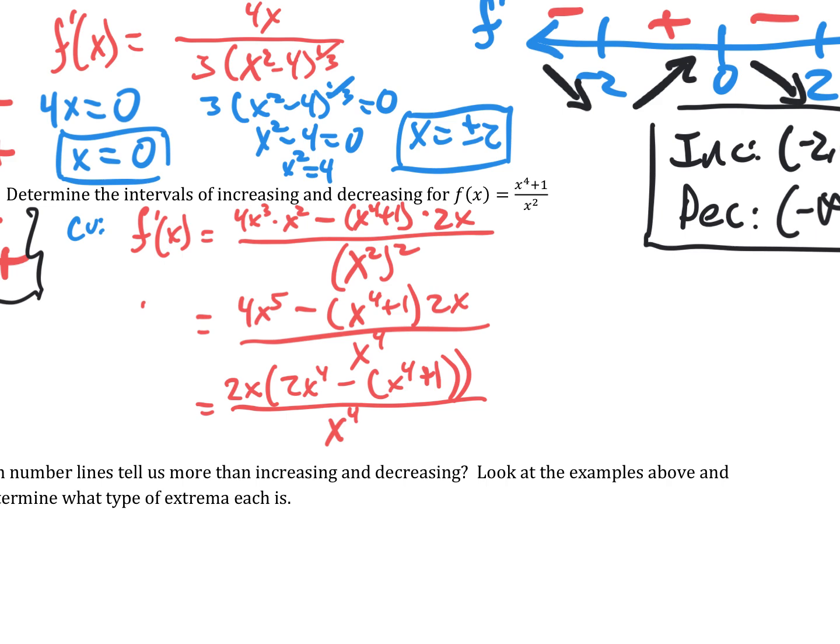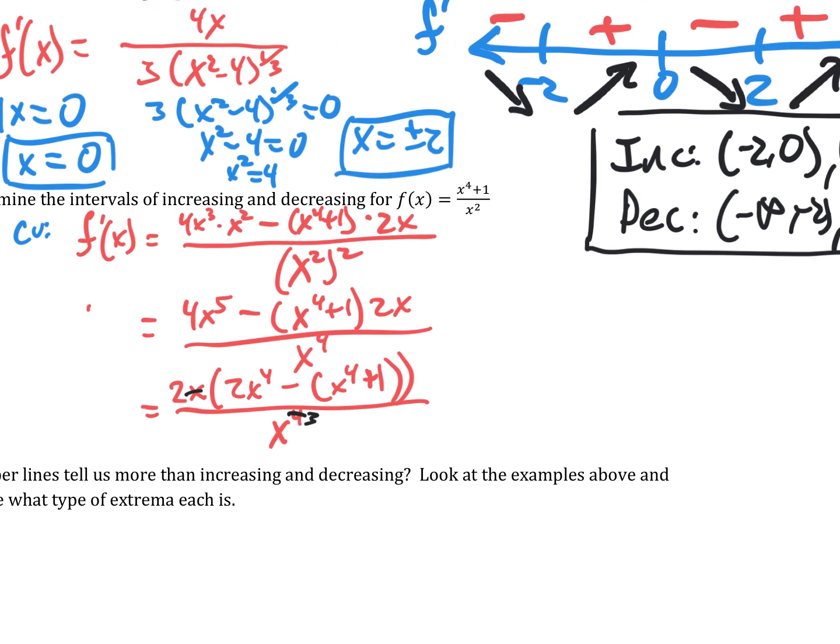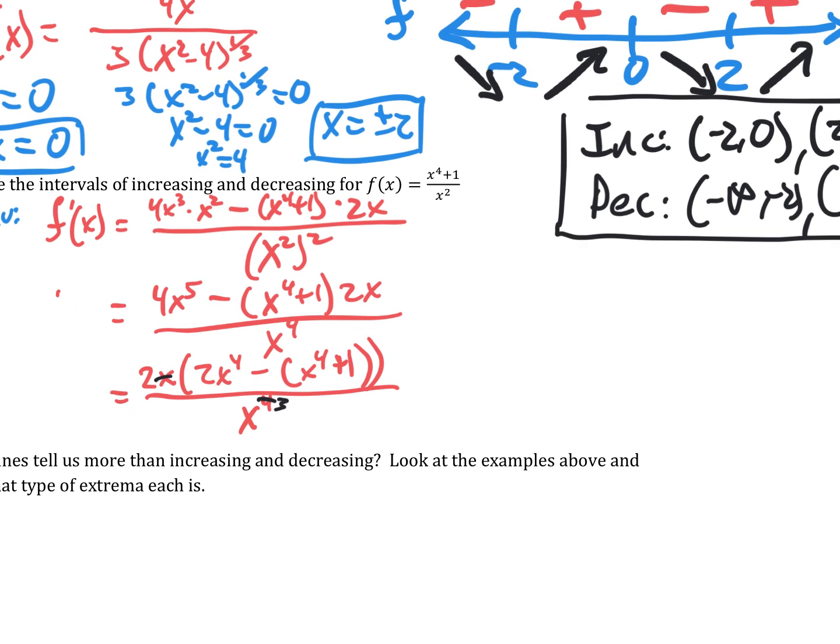And so what's going on? We can cancel one of these x's with one of these x's. That'll make it x cubed down here. And what else? We can clean up the inside of the parentheses. Let's go ahead and do that. So this is 2 times, so we have 2x to the 4th minus x to the 4th.